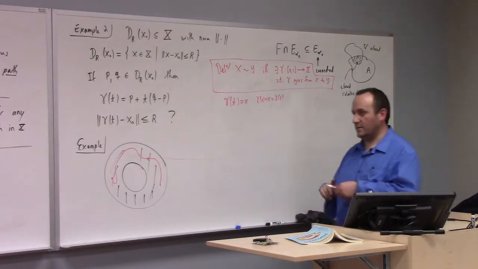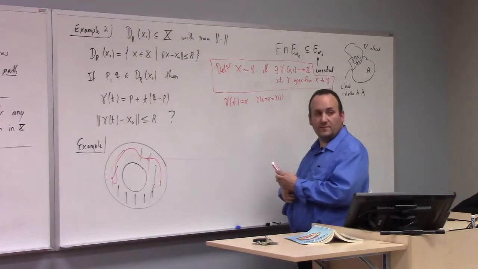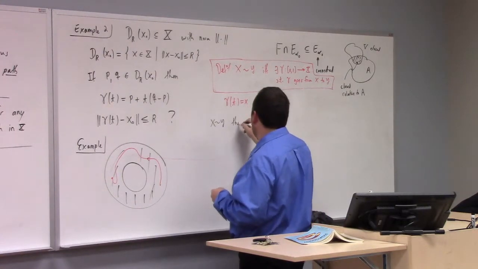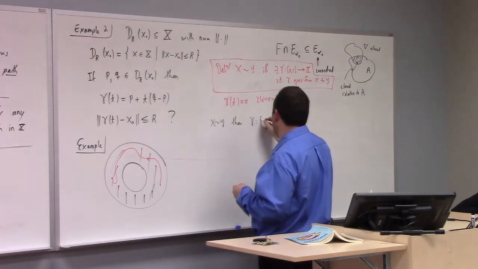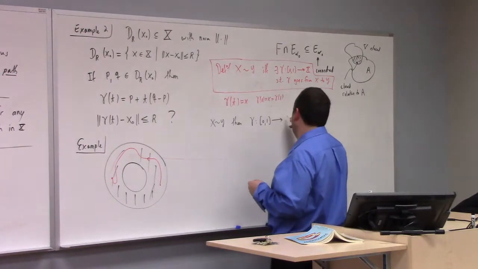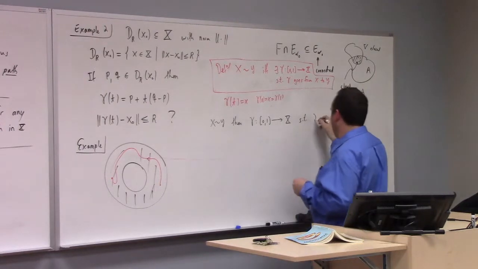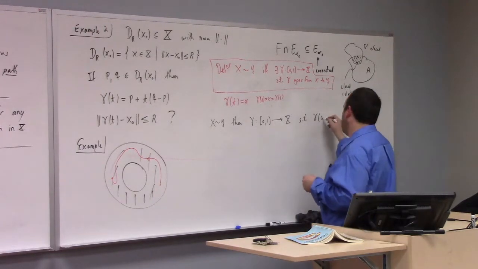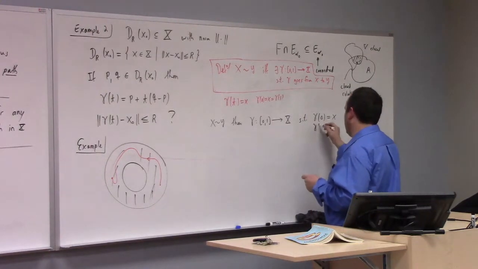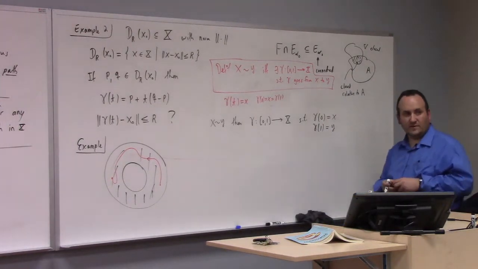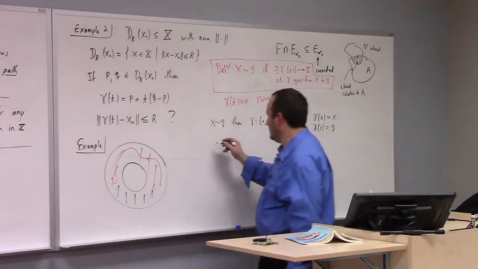So transitivity, right? Suppose we have x. If x is equivalent to y, then we know that we have gamma from [0,1] to our topological space X, such that gamma of 0 is x, and gamma of 1 is y. So to prove that y is equivalent to x, what do I have to give you?